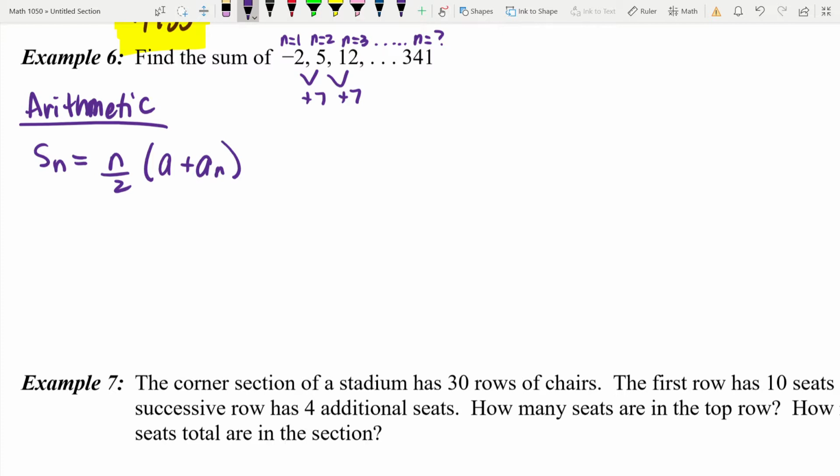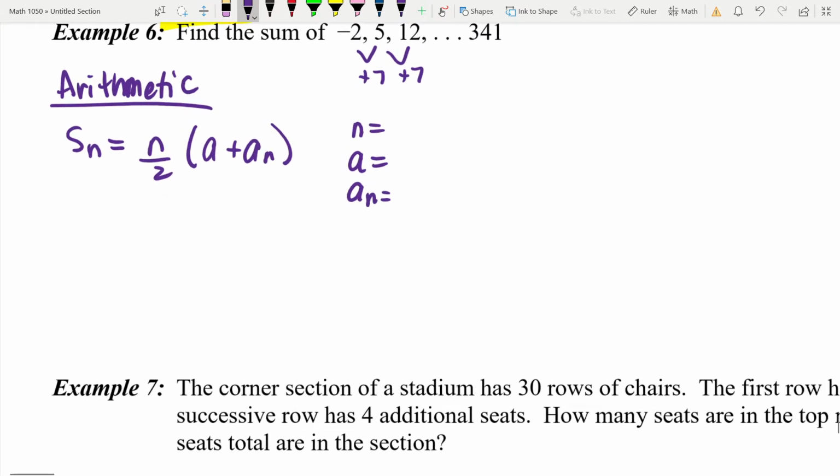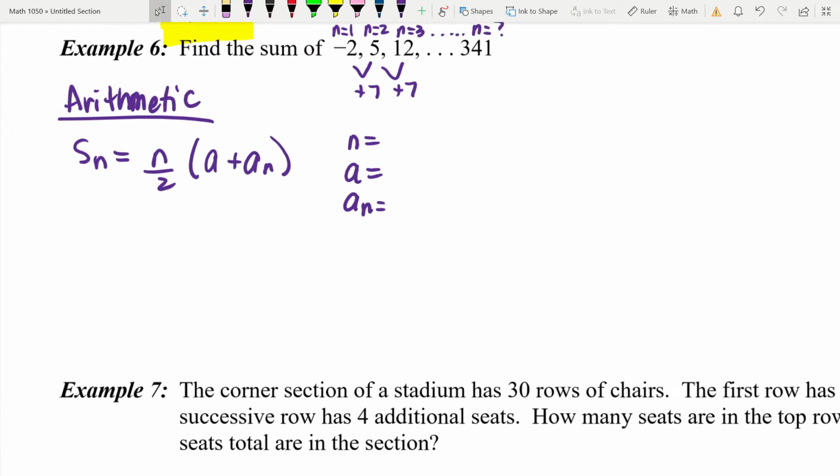Okay? So look what I need to know. I need to know my n, I need to know my a, and I need to know my a sub n. So I'm going to set my formula up with what I know at least. I know my a is my first term, it's a negative 2. You guys, a sub n stands for the nth term. It also stands for the last term.